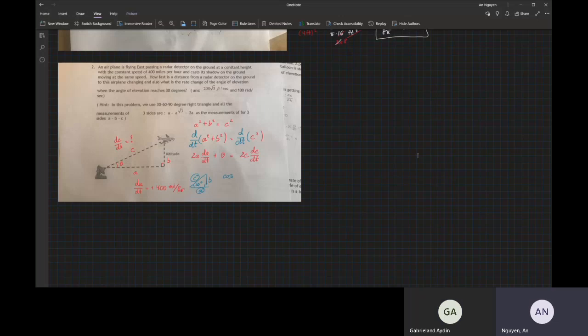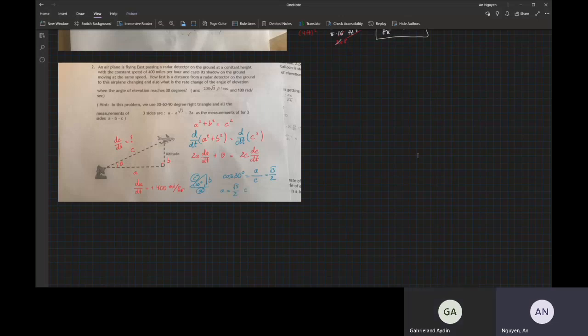So cosine of 30 degrees is equal to A, the adjacent, divided by C, the hypotenuse. And cosine of 30 degrees is root 3 over 2. So A will be equal to root 3 over 2 times C.